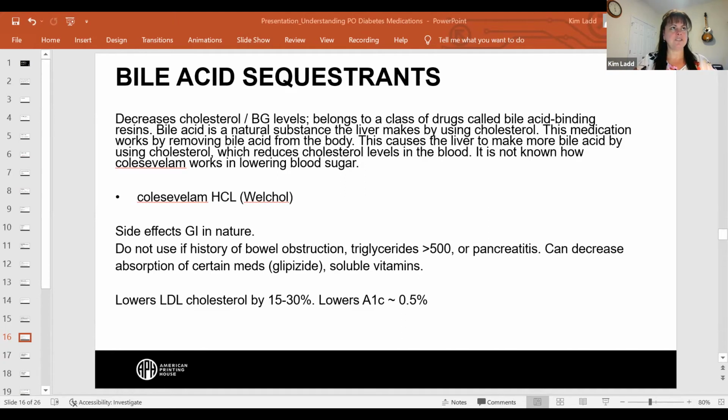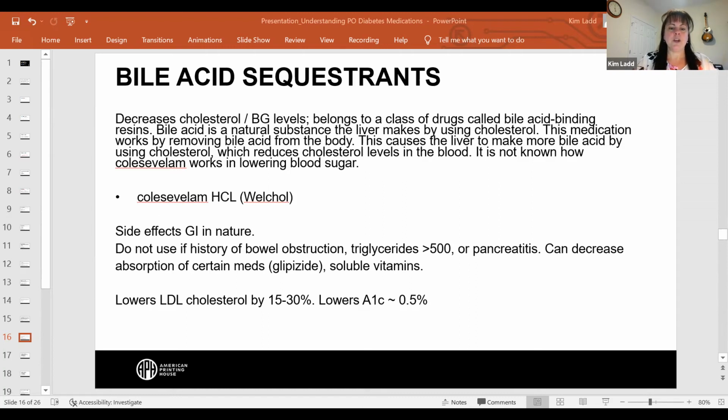The side effects are GI in nature because this pill is working in your GI tract. So basically it's like constipation, sometimes stomach pain. If you have a history of bowel obstruction, this would not be the pill for you. You also want to make sure you drink enough water to stay hydrated so you don't get constipated.